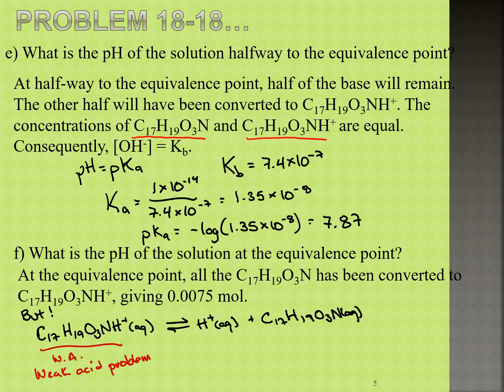Well, I know that I'm going to start with the initial amount of this, 0.0075 moles, but I want this to be in concentration because I need concentrations to plug into our weak acid equilibria constant problem. So this is moles divided by our liters. We started with our 50 milliliters, 0.05 liters.